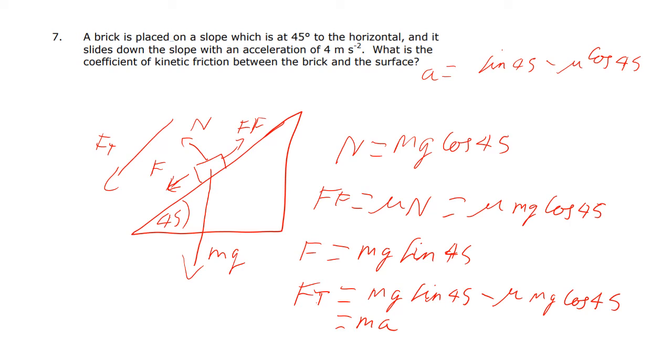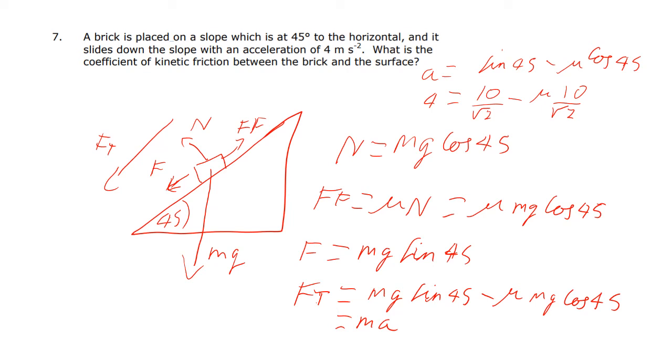So now that we have these, we can plug our values in, and if we do that, we end up with 4 is equal to 10 over square root of 2 minus mu times 10 over square root of 2.